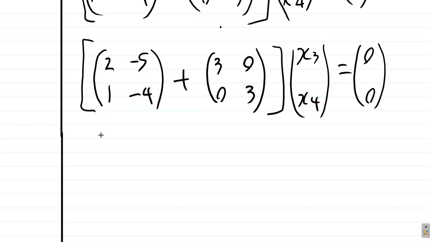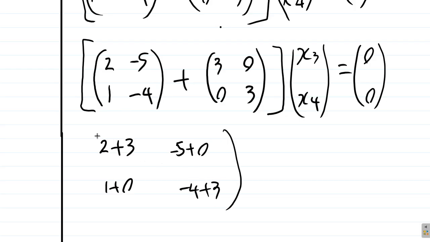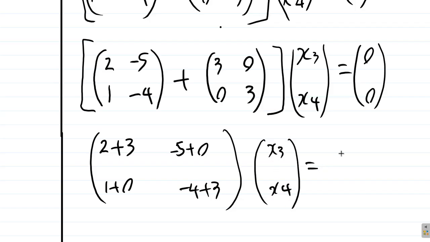All right, so you have 2 plus 3, negative 5 plus 0, 1 plus 0, negative 4 plus 3, times x3, x4 equals 0, 0.